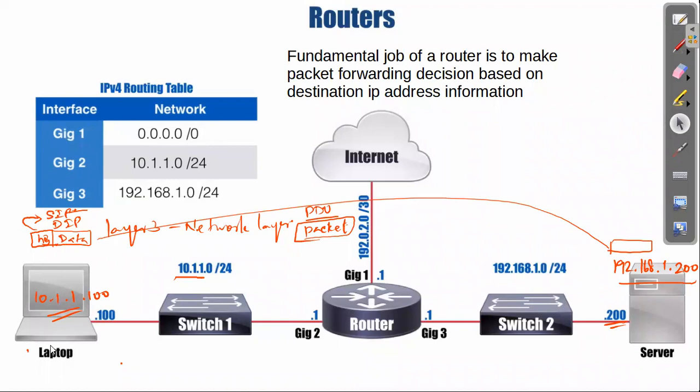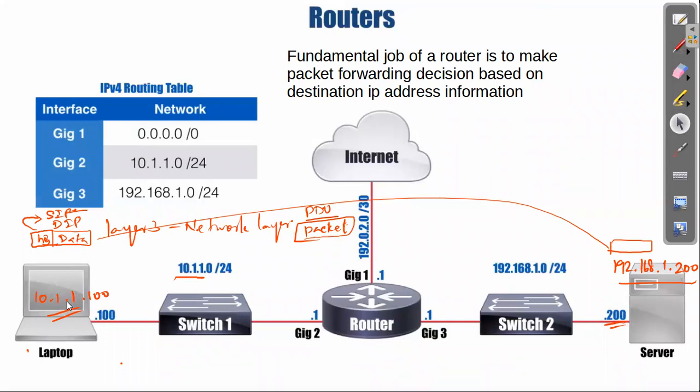Now the laptop needs the source and the destination IP address. It knows this IP address and the destination IP address. We can take the IP address from the destination, so you can call and ask, or they will provide the destination IP address. Then the laptop can use that.